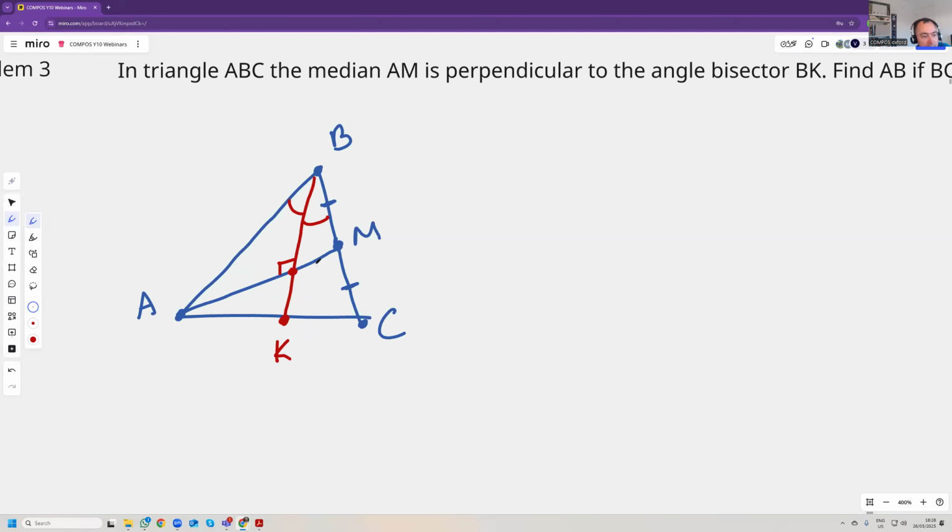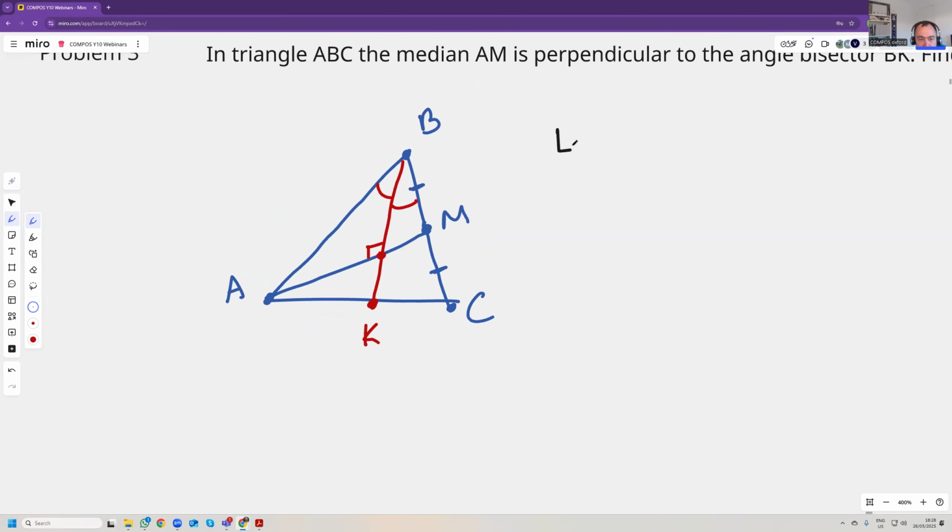All right. So suppose angle ABK is alpha. So this angle is alpha, and so is this, it is also alpha. Then this angle is 90 minus alpha because of the sum of the angles in the triangle. This is a right angle triangle, this is the right angle, so this is also 90 minus alpha.